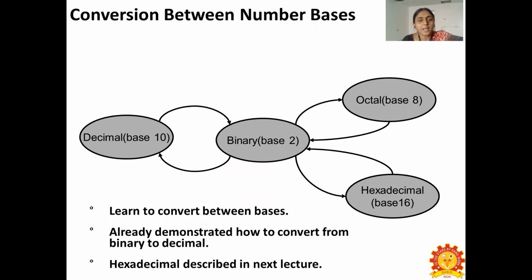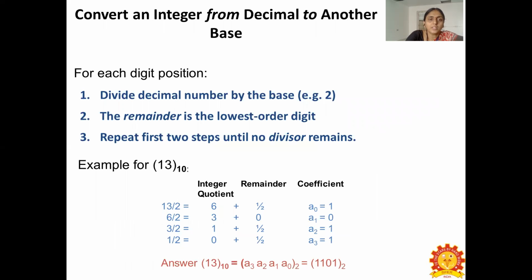Decimal can be converted to binary and binary can be converted to decimal, and we can even convert binary to octal, octal to binary, binary to hexadecimal and hexadecimal to binary. So we can convert between bases, and hexadecimal is described in the next slide.